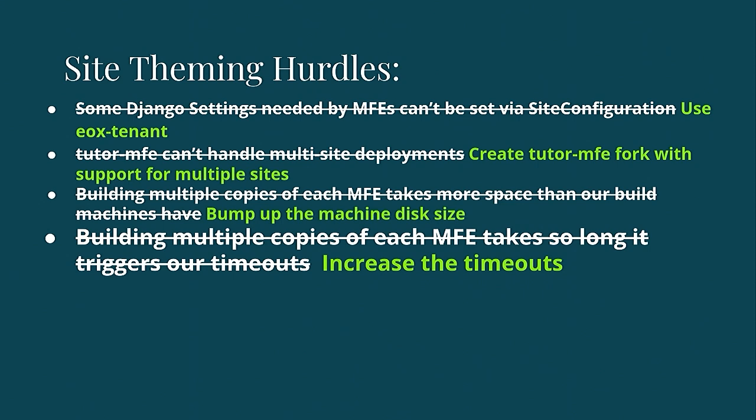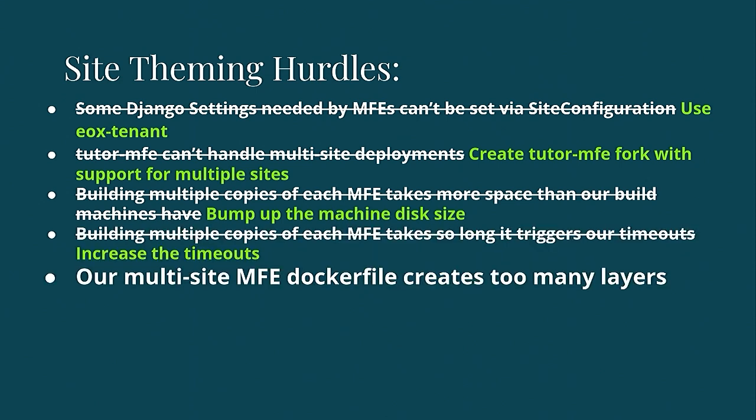This turned out to be a little more complicated than we would have hoped, because GitLab has multiple layers of timeouts. There are timeouts on the layer of the CI machine. There are timeouts at the layer of the... I don't want to get into it, but even something as simple as this really made me scratch my head. Then another issue that I didn't even know existed: there's a limit to how many layers you can have in Dockerfiles.